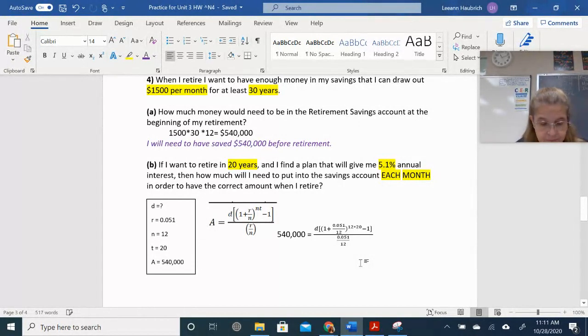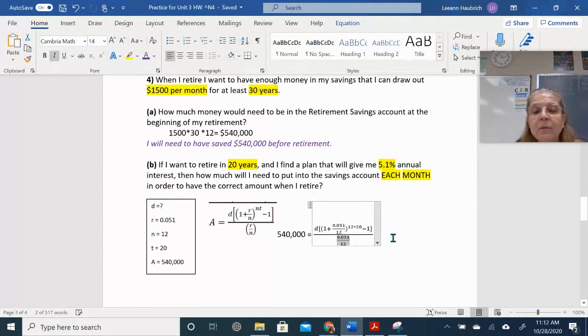So I guess the first thing would be if I multiply both sides by this amount on the bottom. If I multiply this by this, and then divide by what's left over.